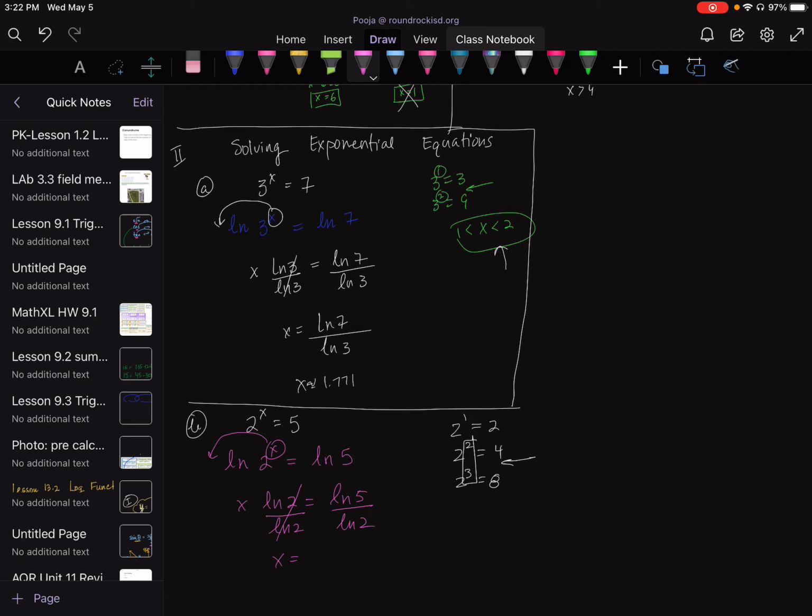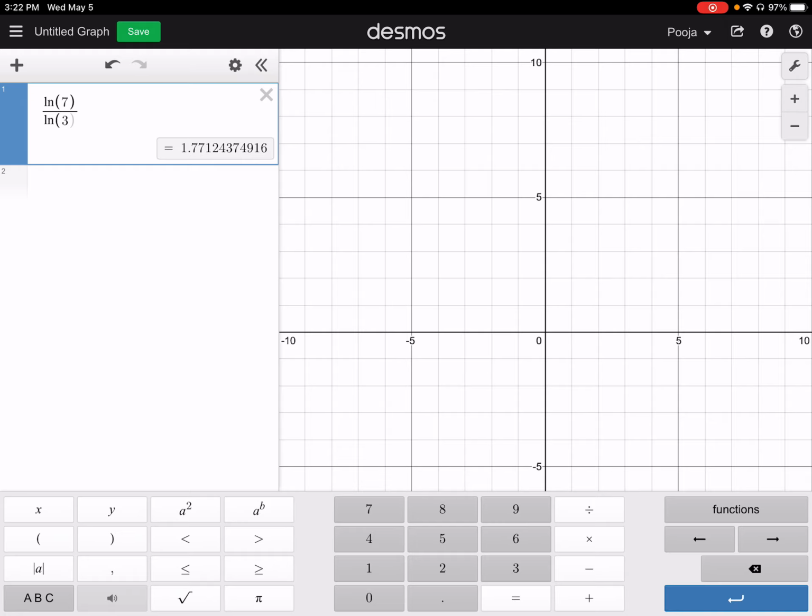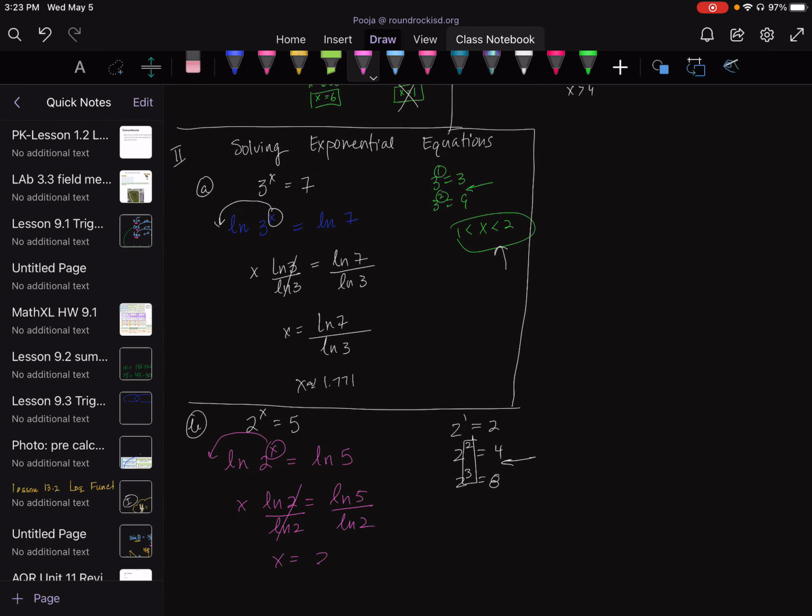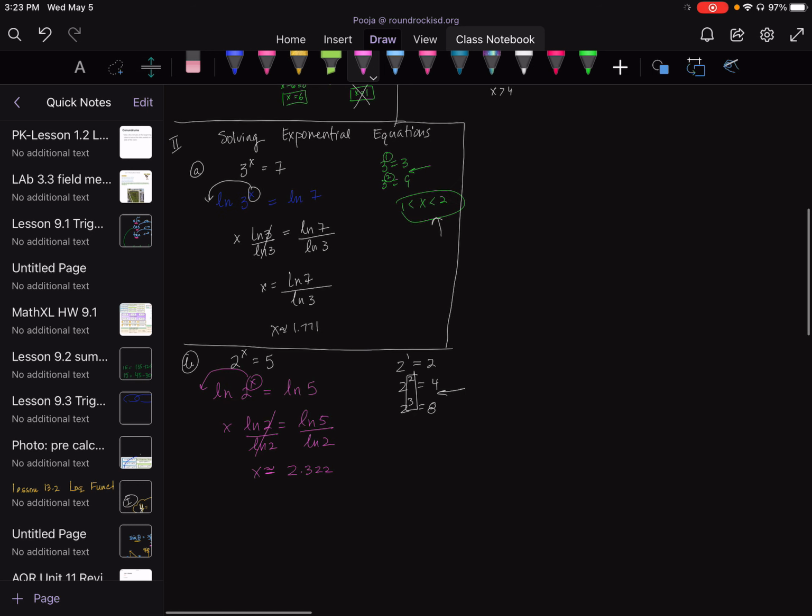And natural log 5 divided by natural log 2. 2.322, because I'm rounding to 3 places. 2.322 approximately. And yes, we knew that it was between 2 and 3. Has to be correct. Okay, another example.